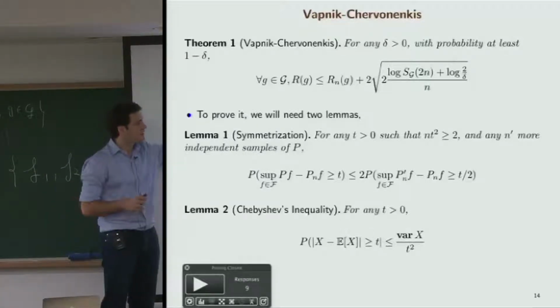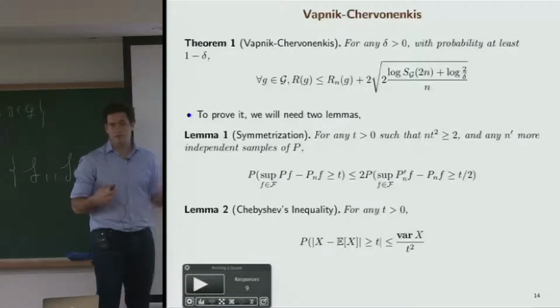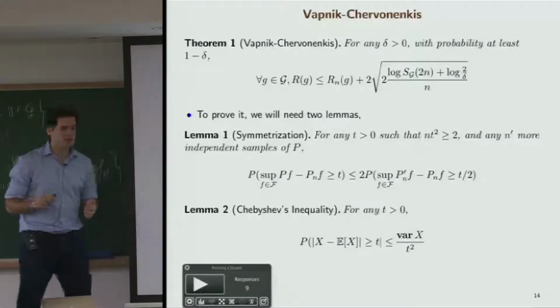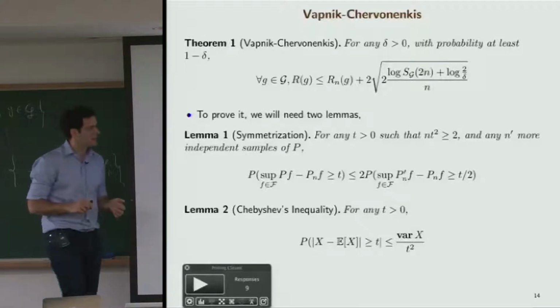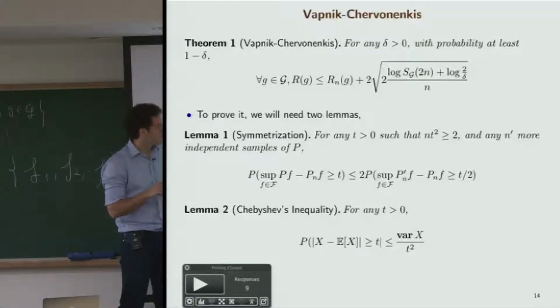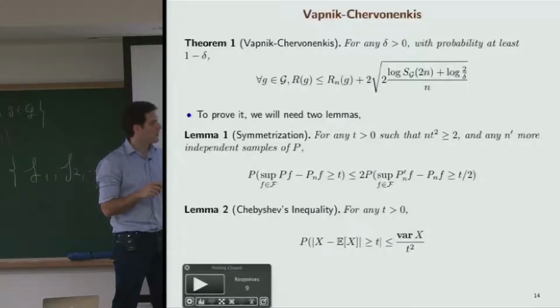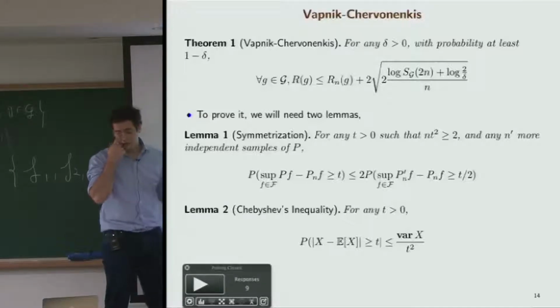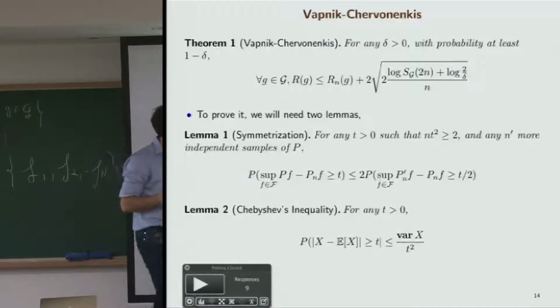For any delta positive, with probability at least 1 minus delta, so this is the second formulation of Hoeffding's inequality, the true risk of g is smaller than the empirical risk of g plus 2 times this function here. And what do you recognize here?